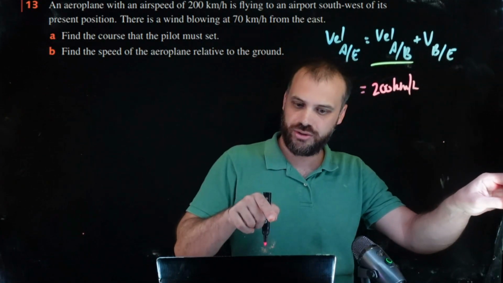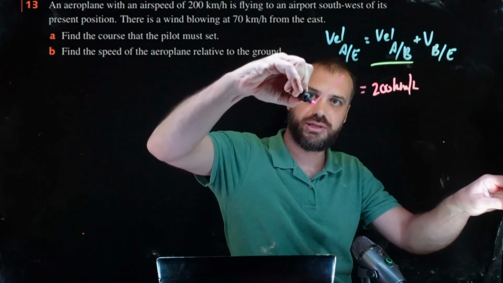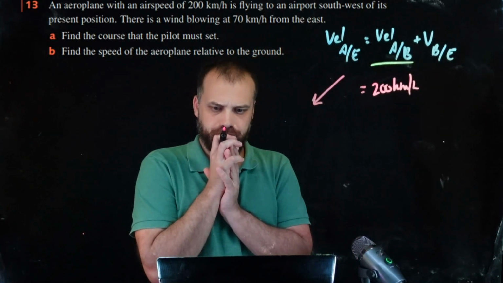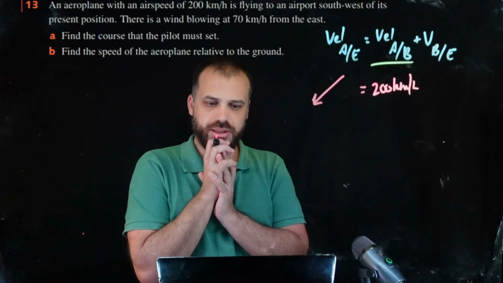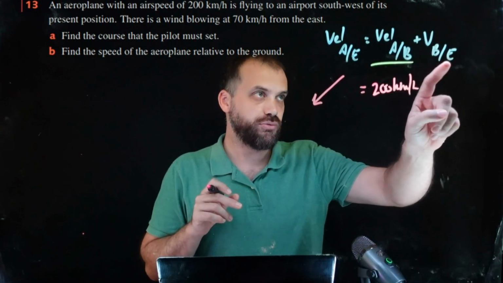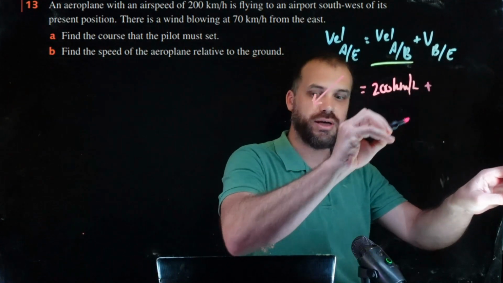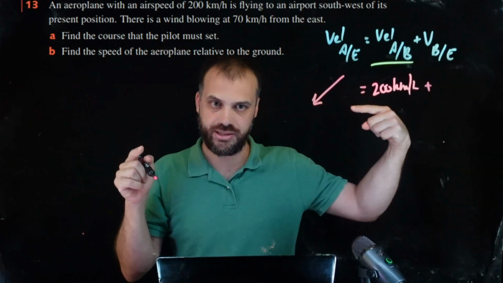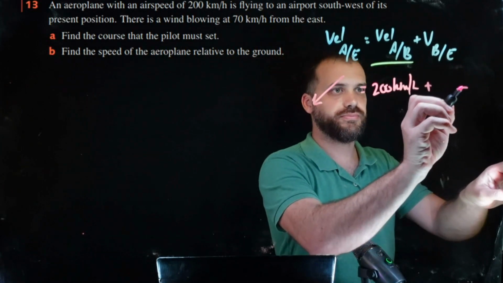We want to go in this direction. There is a wind blowing 70 kilometers an hour from the east. So that's the wind relative to the Earth. 70 kilometers from the east. Never eat soggy Weet-Bix. There's east. That way, 70.